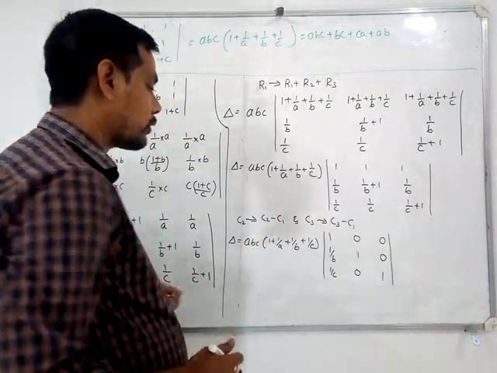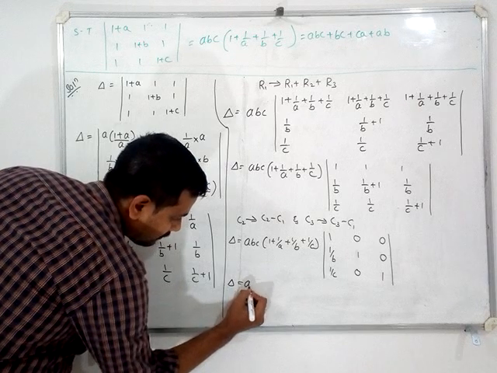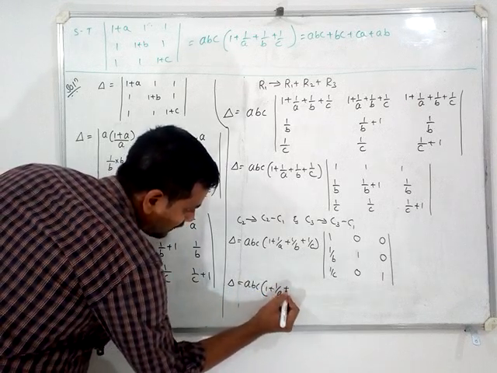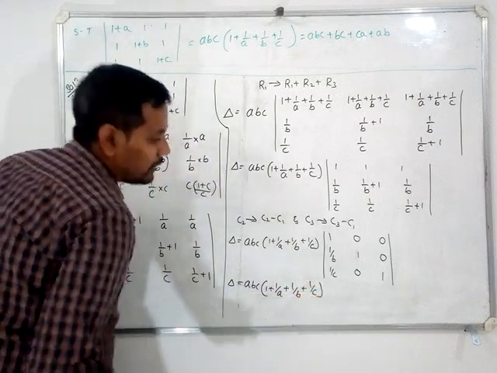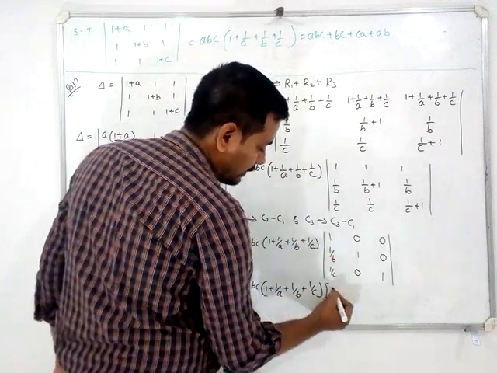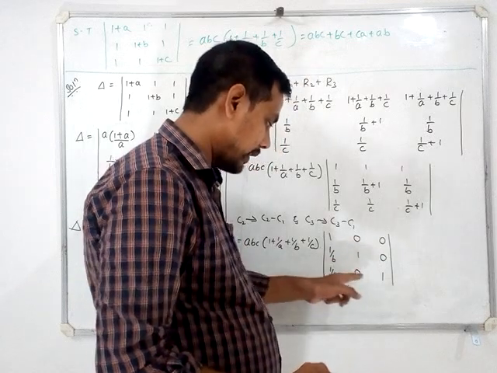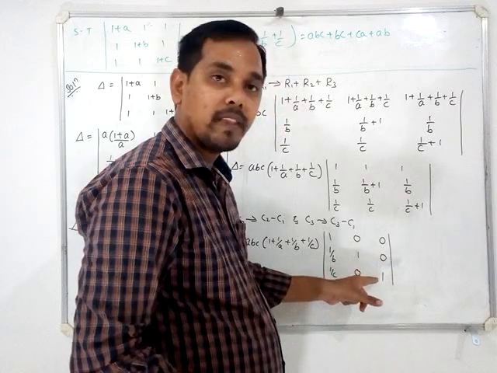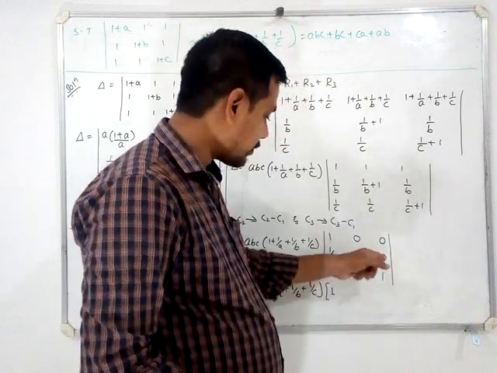You can expand it along the first row. So what will remain? ABC into 1 plus 1 upon A plus 1 upon B plus 1 upon C into, see, first one is 1, into this determinant 1 0 0 1, because we need to leave the first row and first column. What remains? 1 0 0 1 inside the determinant. So 1 0 0 1 can be calculated as 1 into 1 minus 0 into 0.